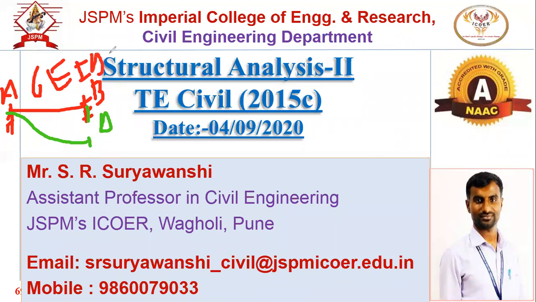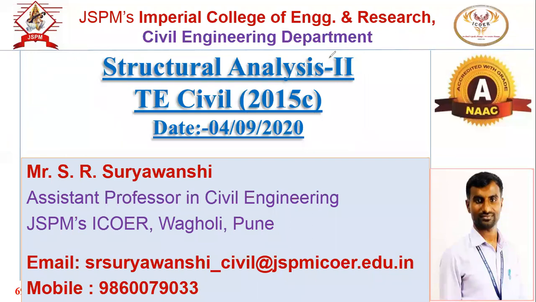6 EI delta by L square means, what we have to remember is, whenever there is a sinking of support, there will be additional fixed end moment generated for that particular member. So this is the takeaway point.